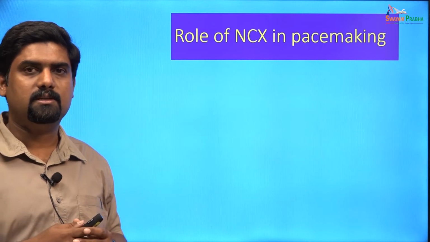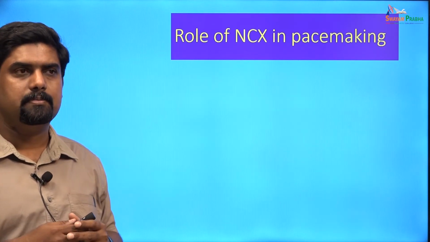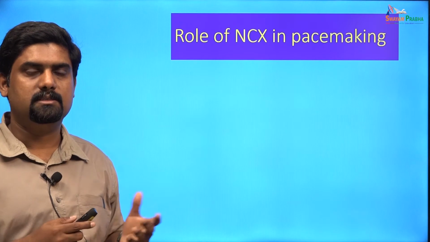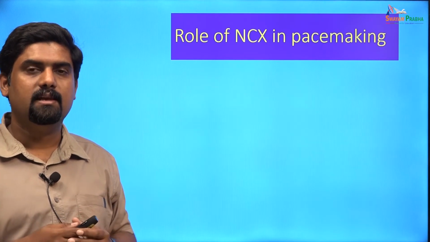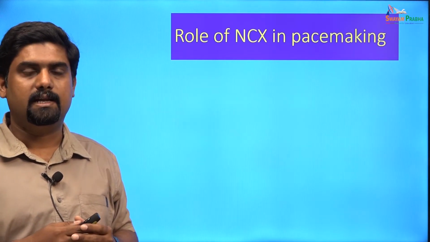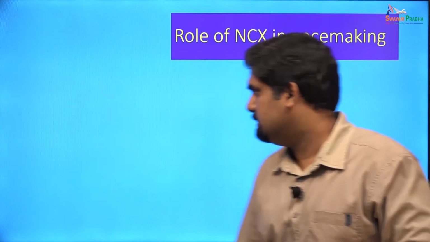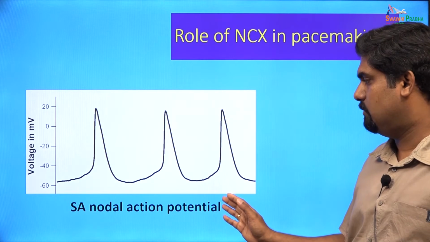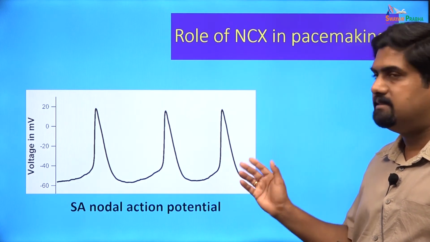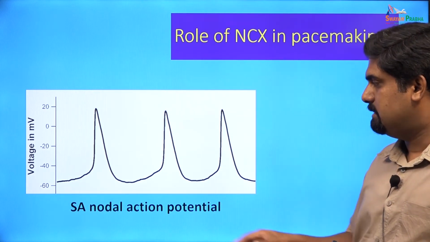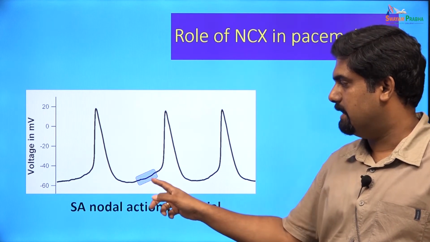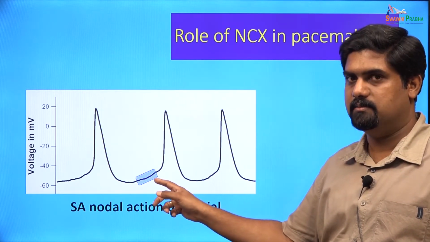NCX is an important pacemaking mechanism in the heart. We will discuss this mechanism in more detail when we discuss cardiac muscle action potentials. Here we can see a cartoon of an SA nodal action potential, and the NCX mediated inward current is usually seen in the diastolic depolarization phase of the pacemaker potential.